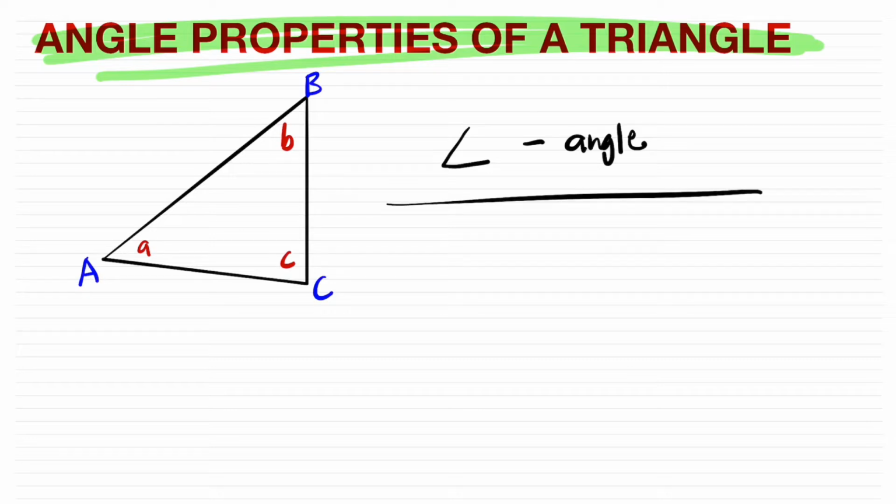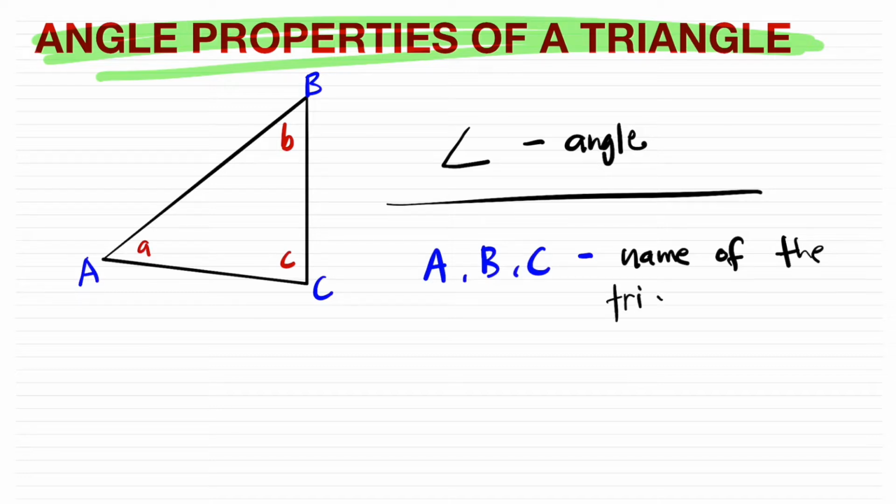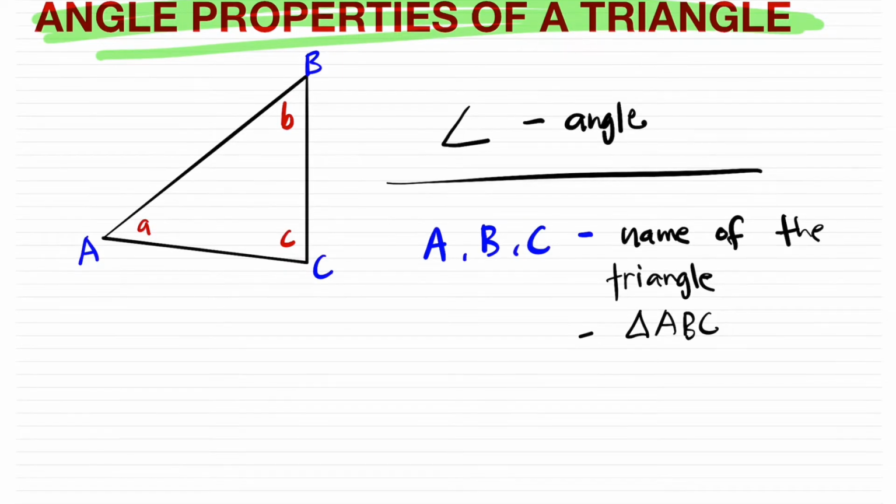So in our example, ABC is the name of the triangle. Therefore it's named as triangle ABC.